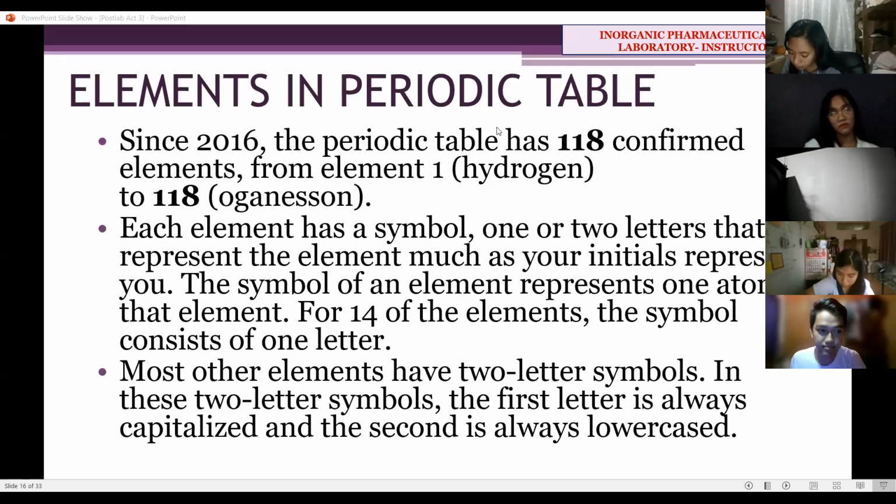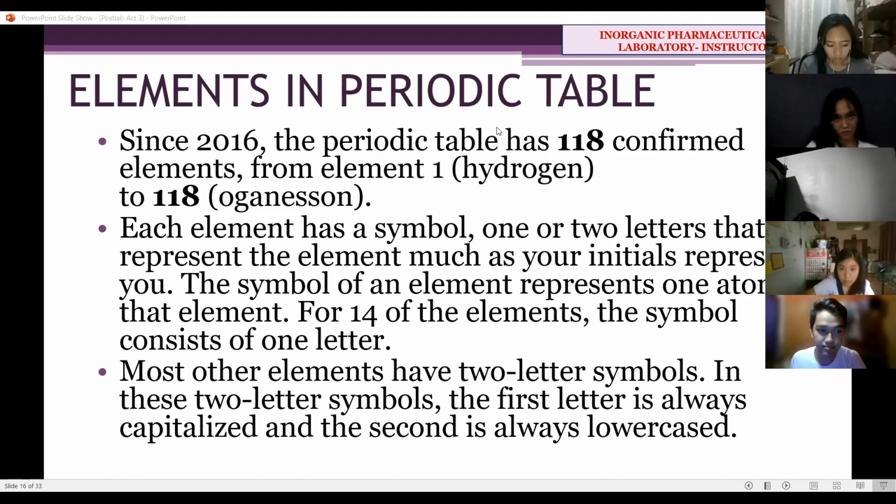So again, we have 118 confirmed elements. Paano ilahang symbol? Most of them have 2-letter symbols. How do we write the symbols? Capital ang first letter, small or lowercase ang second. But another trivia, we only have 14 out of 118 elements na merong 1-letter symbol.